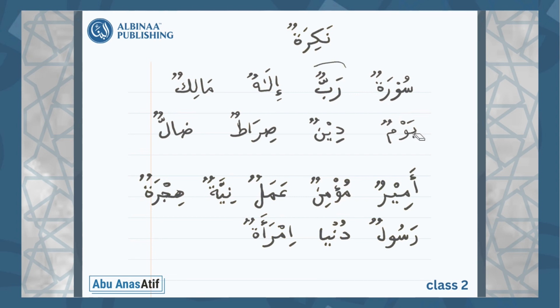Let's look at the next: rabbun. This word means a Lord. Like when we think in Surah Al-Fatiha, Rabbul Alameen, Lord of the Alameen. But this is a non-specific word, rabbun, meaning a Lord.